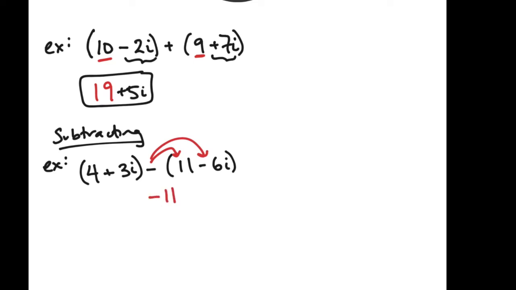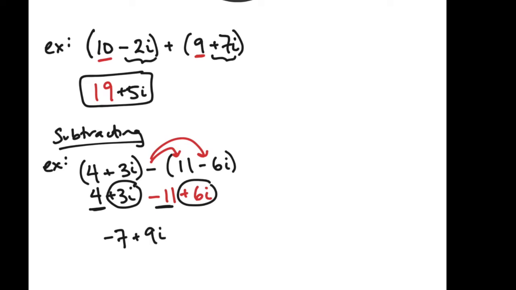So that would be negative 11. Negative times the negative is positive 6i. The first terms, we did nothing to it, so we just bring it down. And now we combine like terms. 4 minus 11 is negative 7. Positive 3 and positive 6 is positive 9i.